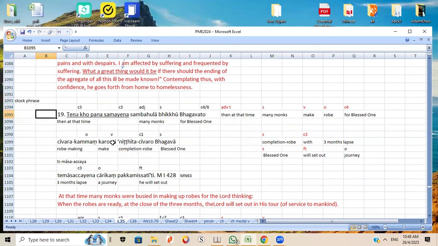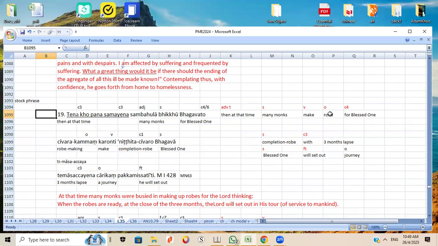Can you see this is the verb, and this is the subject? Agree. That means make, make what? Here the word is Kamang Chivara, rope making. You see, Kamang is a noun, this is a verb, rope making.